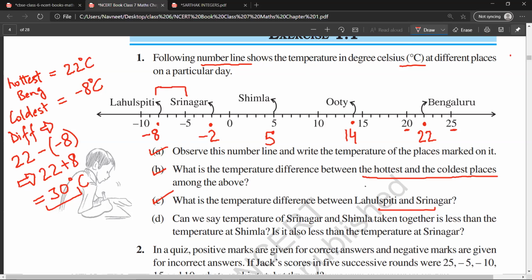So this is -8, and I'm sorry, this is -2.